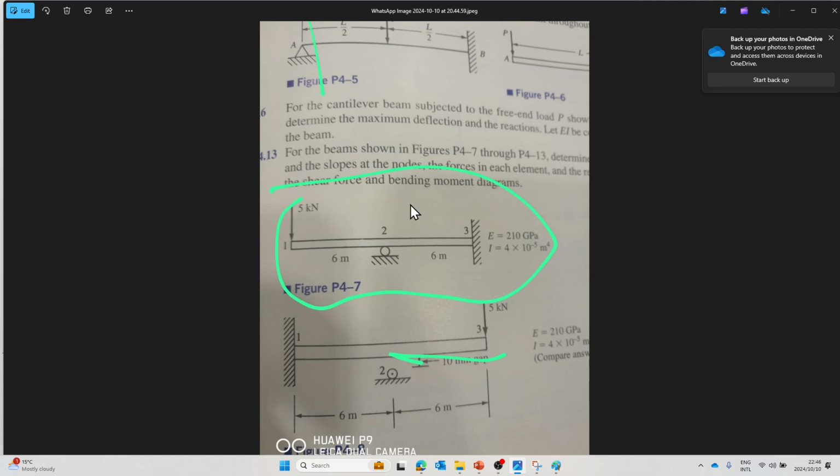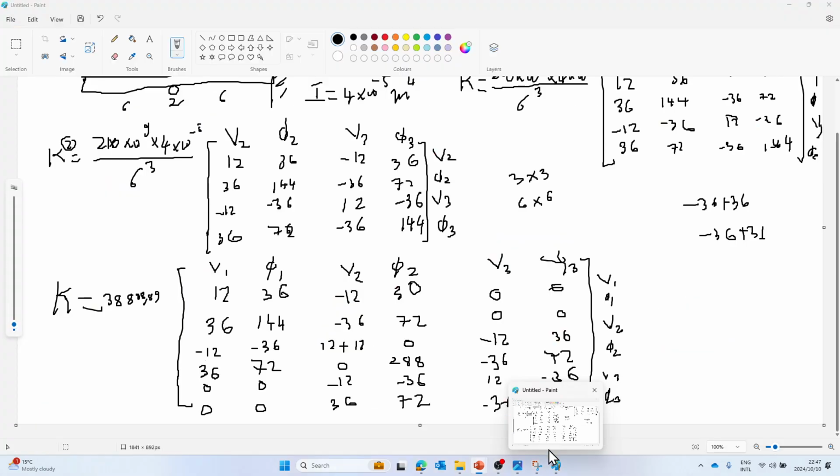The slopes are the angles, you can find them. The force in each element, the reaction force, and the bending moment diagram. Okay, no problem. Let's do it.